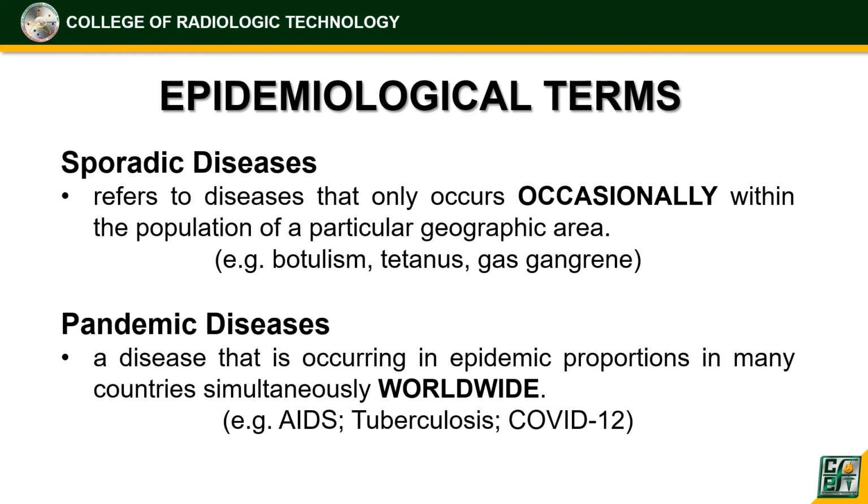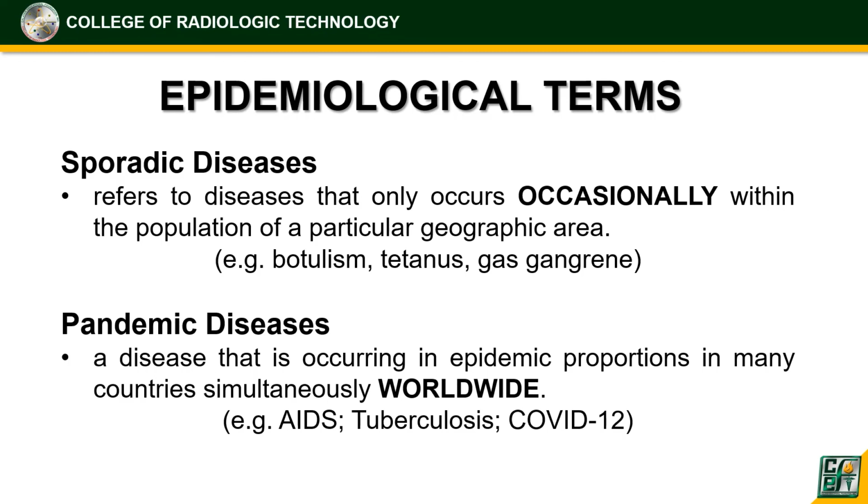Then we go to the pandemic diseases. These diseases are occurring in epidemic proportion. When we say epidemic proportion, it is an outbreak with a greater than usual number of cases in many countries simultaneously worldwide.